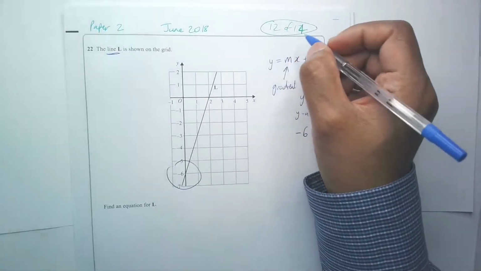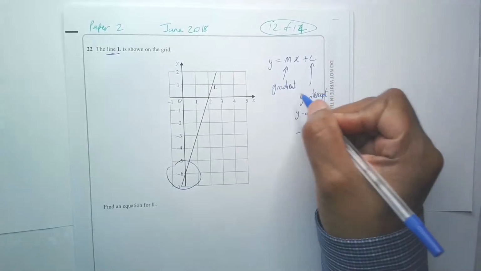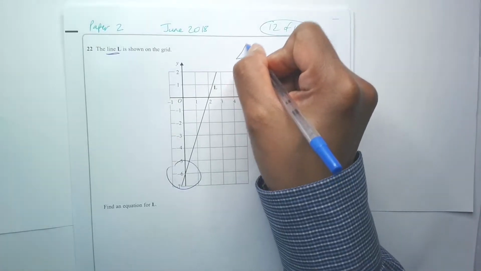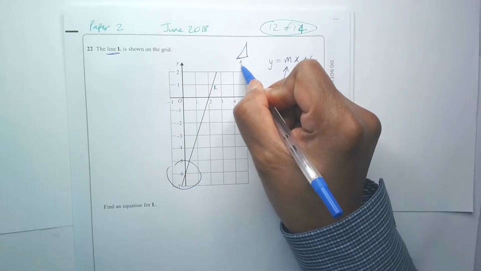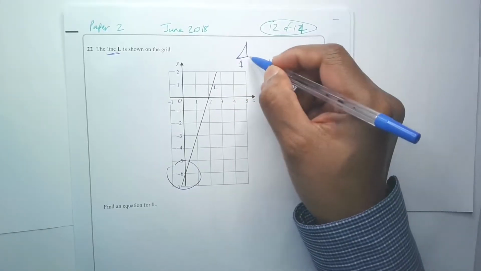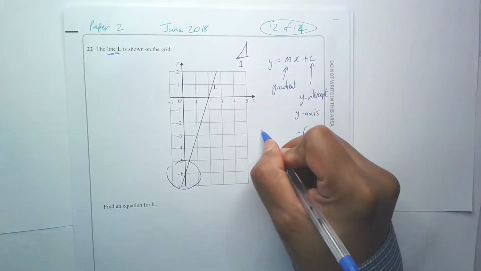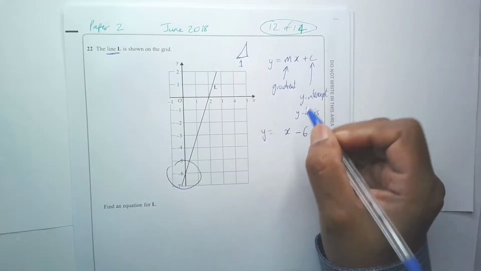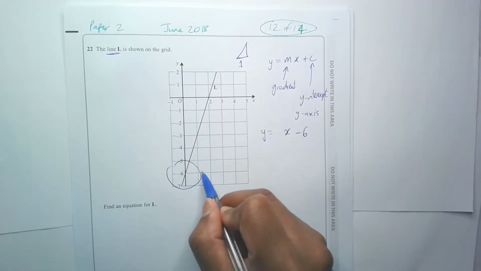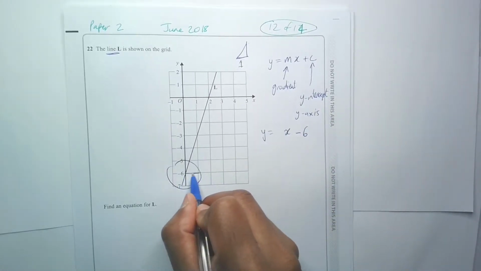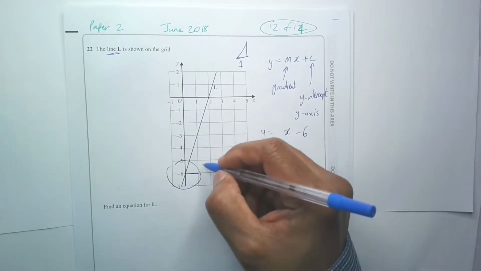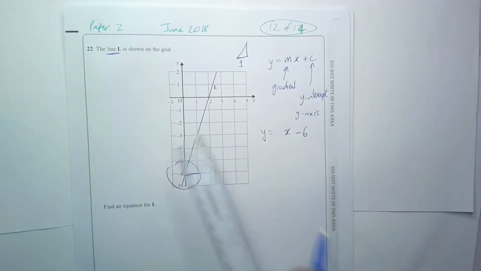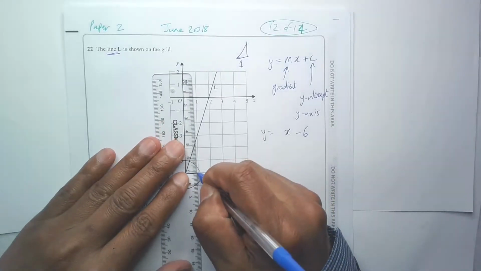The gradient is, we turn it into a triangle, and we try and see if we can get 1 unit across, and then how many squares we're going to count up. So I'm going to turn this into 1 unit. And I can see here 1 square is 1 unit. And now I am going to go up to my line.